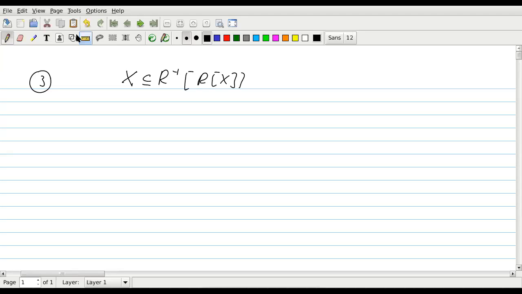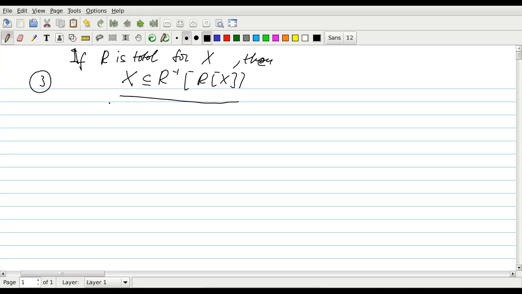So if R is total for X, then we have this inclusion. Was it clear, or do you need any clarifications about it?